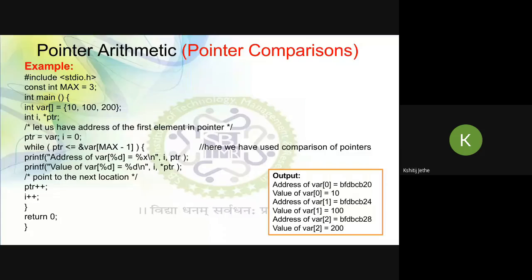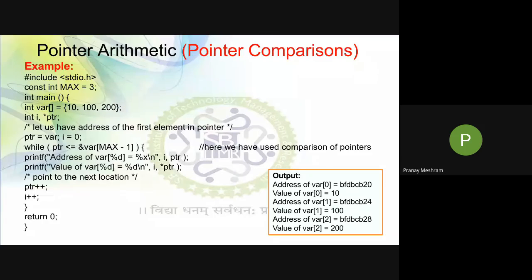Then we have written int main. Okay, so the main function is returning the integer value, then opening curly braces, and inside that we have created one array which is holding three values. The first value is 10, second value is 100, third value is 200.